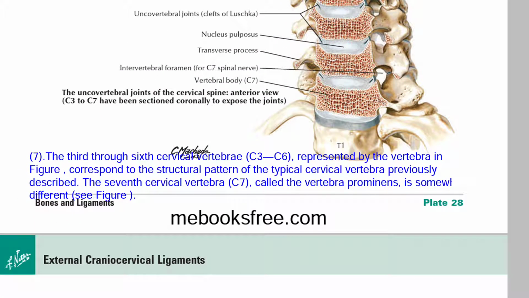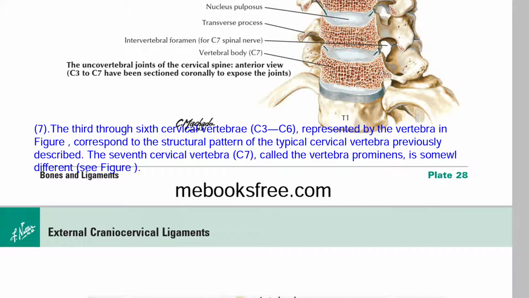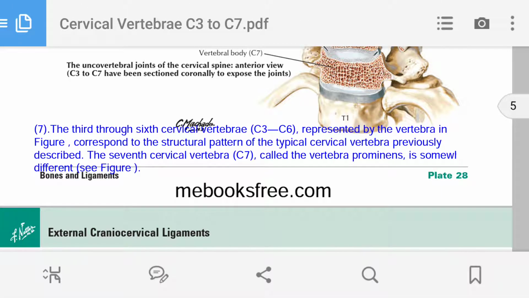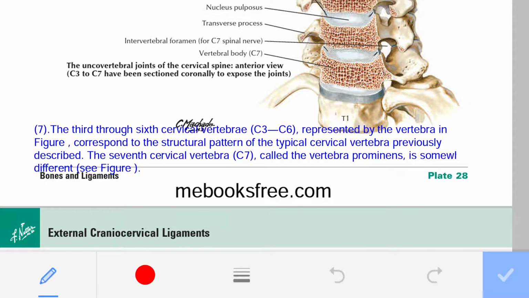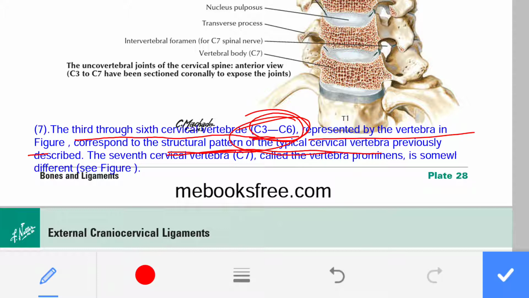Now I am discussing the seventh point. The third to sixth vertebrae, C3 to C6, are represented by the vertebrae in the figure. The structural pattern they follow, these C3 to C6 vertebrae, is that of the typical vertebra.